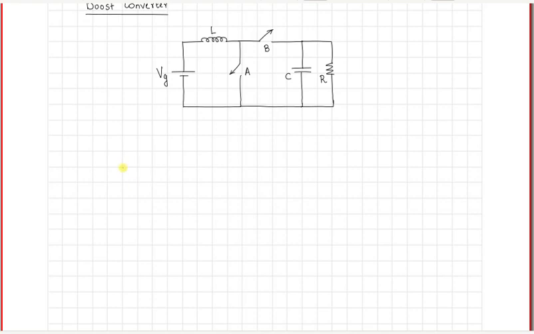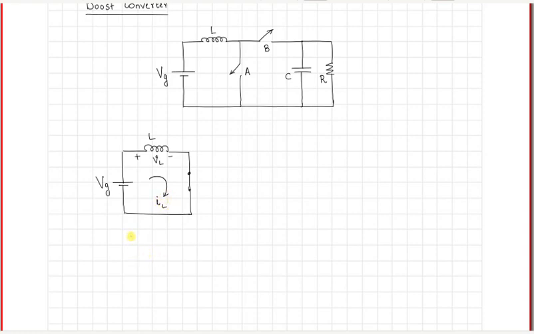So if you look at the circuit when the switch A is closed, it is simply Vg, the input voltage source, in series with an inductor, and then you have the switch which is closed. So Vg appears simply across this inductor, and then it causes a current to flow through it, which we will call Ia.